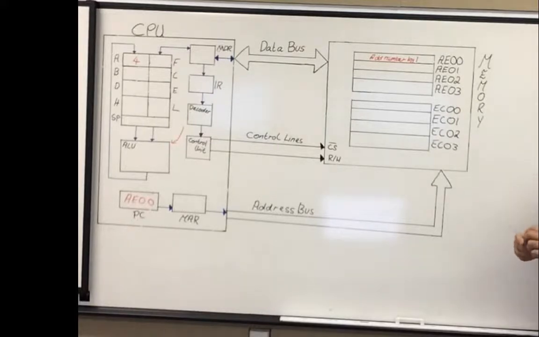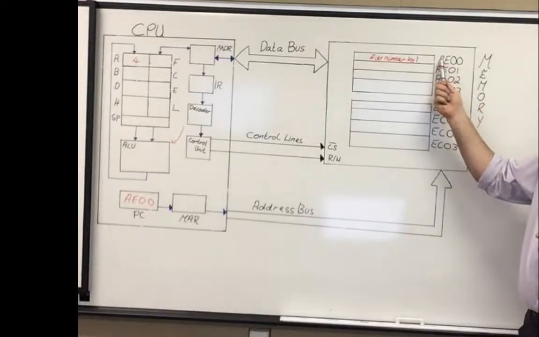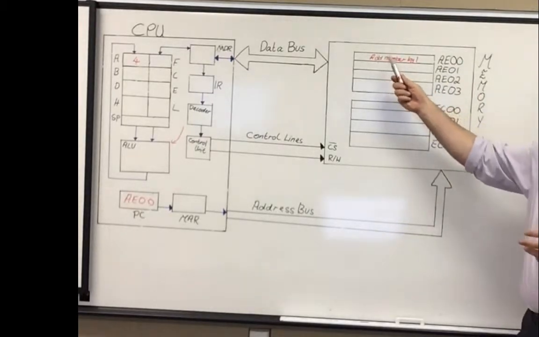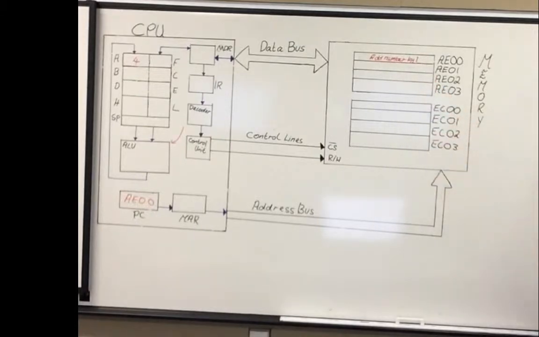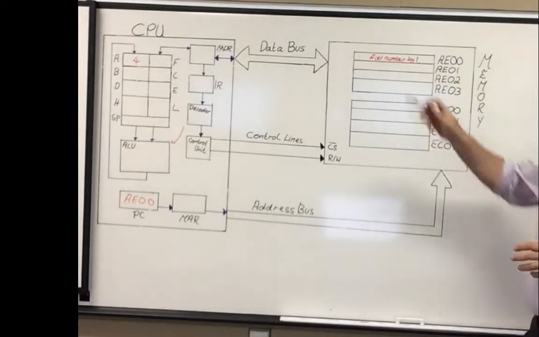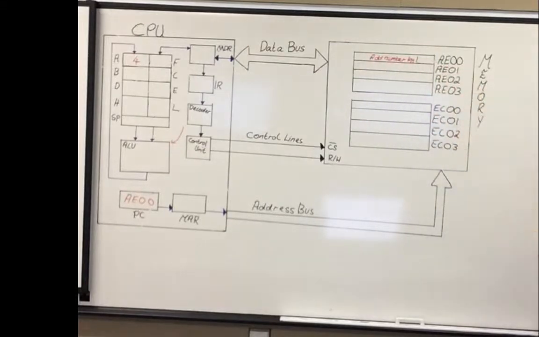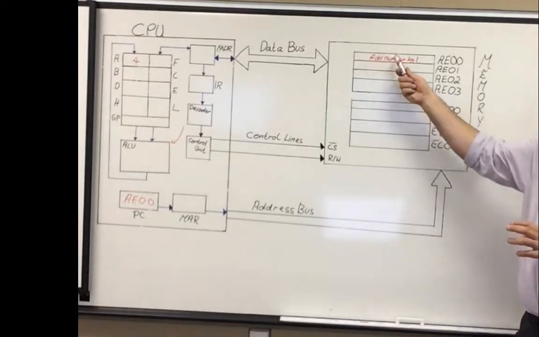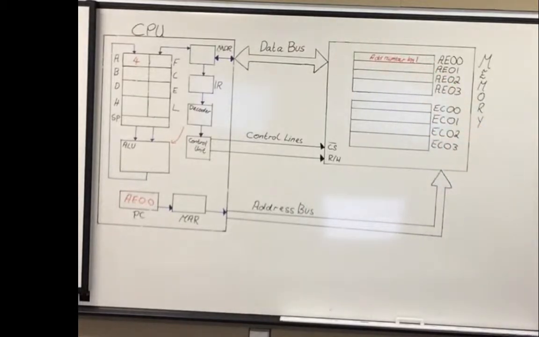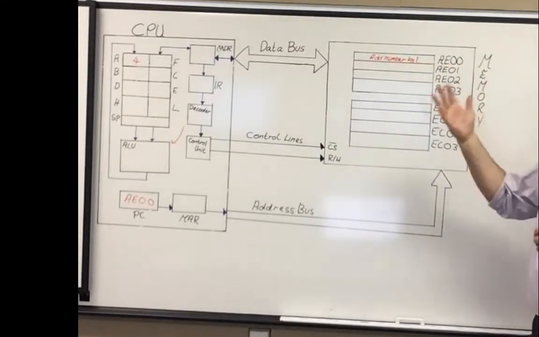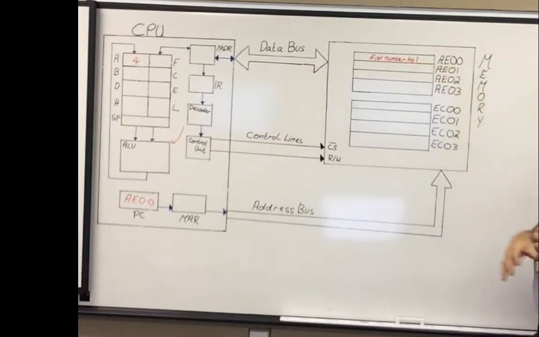And one of the memory areas, called AE00, holds an instruction which says add number by 1. Now, as you well know, what would actually be stored within this memory address would be a byte of code. You wouldn't actually have something written like that. But for clarity's sake, we're saying that there is an instruction or part of an instruction at this memory address.